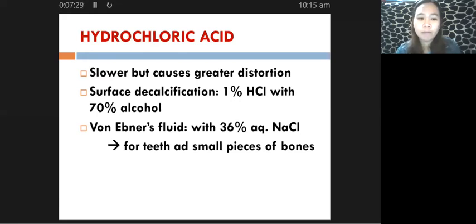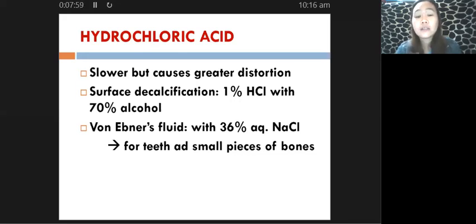If you are being observant when it comes to the acids that I have discussed previously, the more rapid your decalcifying agent is, the more destructive or the more detrimental it is to your tissues. Okay, that's the general rule. However, in the case of your hydrochloric acid, it is slow and it causes greater distortion.